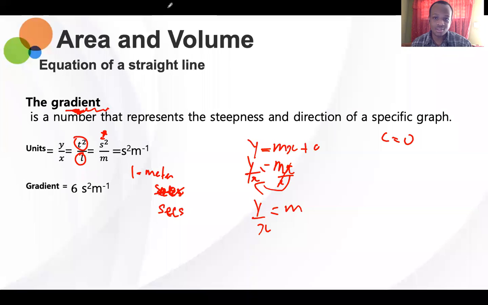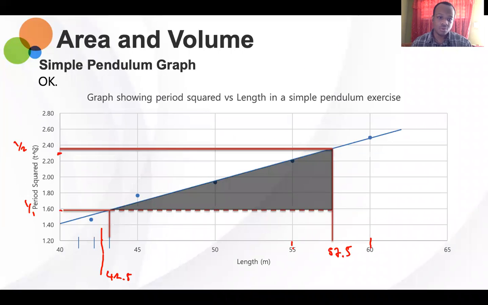Are we understanding so far? No, sir. Right. So we said that this is our formula, m equal y over x. Now from our graph, we see that on the y-axis we have period squared, and the unit for the period is seconds.